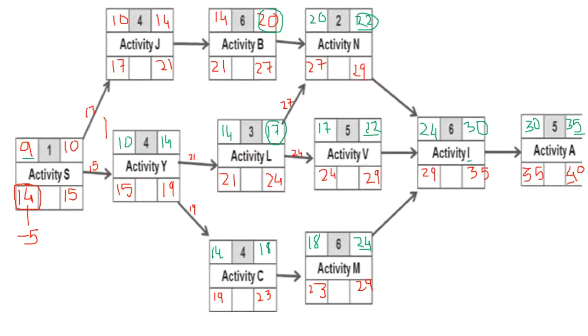Critical path, just remember, is calculated by subtracting the early start from the late start, and I think in this network there is no activity which could be defined as critical. I think this is because of the constraint introduced.